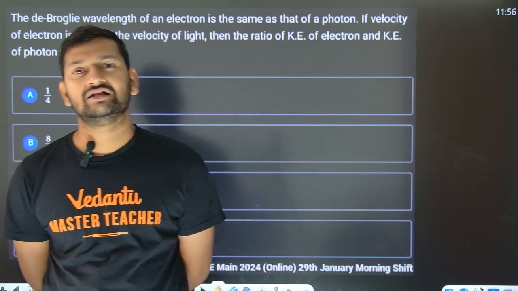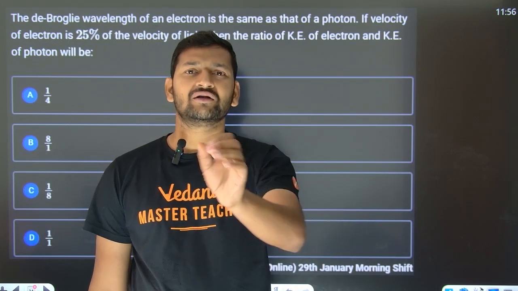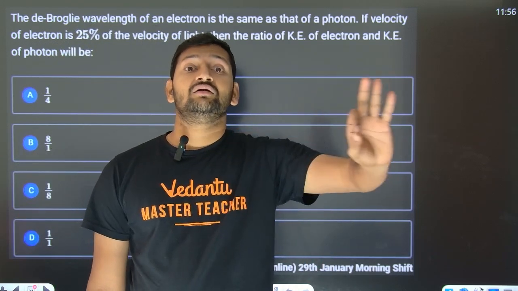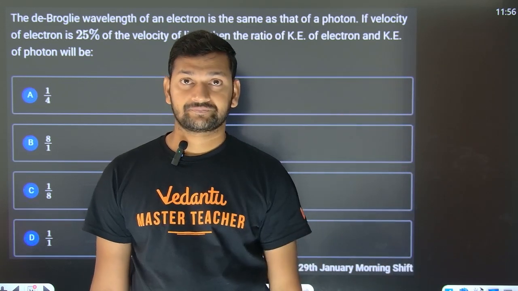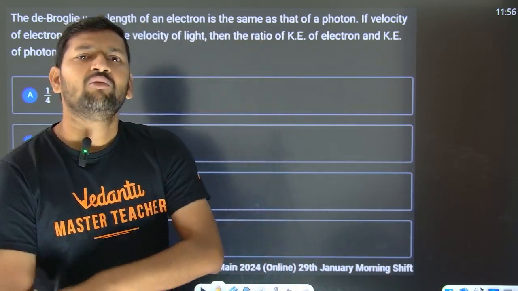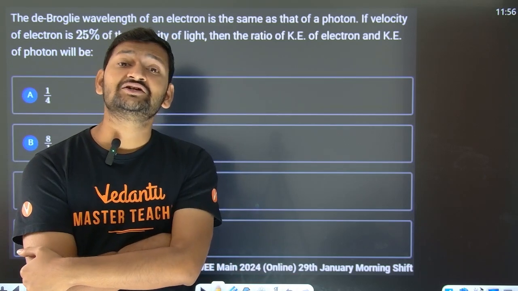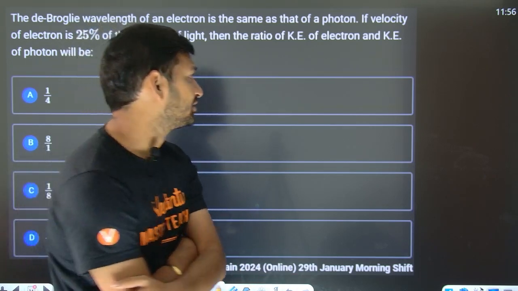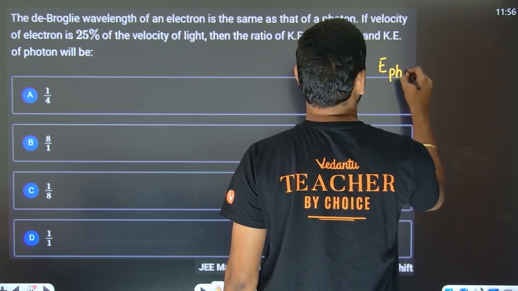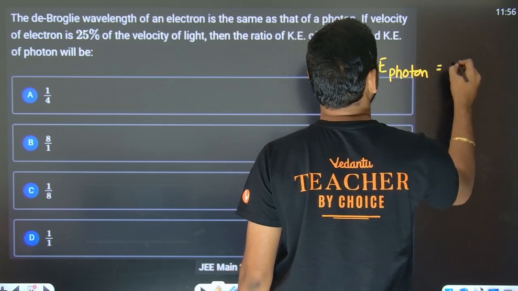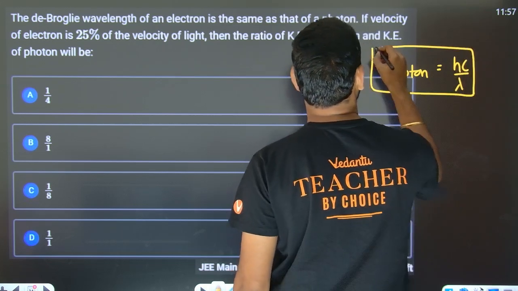Man, rather than using the word kinetic energy of photon, if they have simply said energy of photon, that would be more suitable for photon. Okay, still, what is energy of photon, man? hc by lambda. Energy of photon is hc by lambda. That you can't play with. Energy of photon is going to be given by hc by lambda, where lambda is the wavelength of that photon.